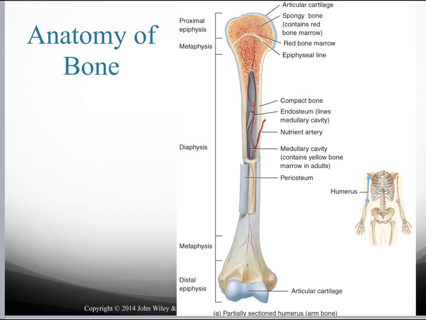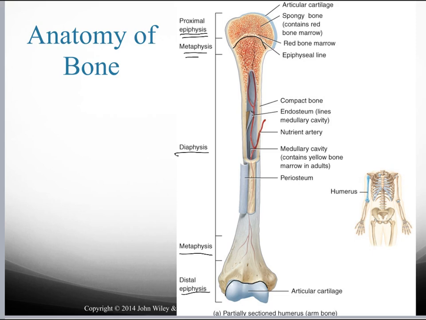Now let's put it to picture. So we have here a humerus, this is our arm bone, and we can see some of our macro portions. We have our proximal, so again this is closest to the joint, proximal epiphysis, our metaphysis, and in that metaphysis we see here's that growth plate, it is closed, that epiphyseal line. We have our diaphysis, our distal metaphysis, and distal epiphysis.